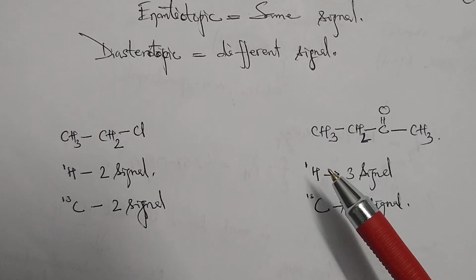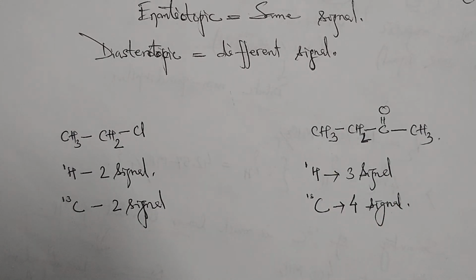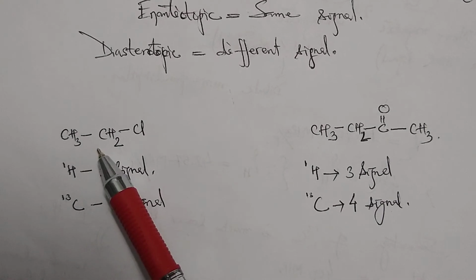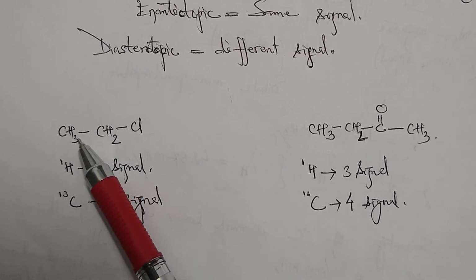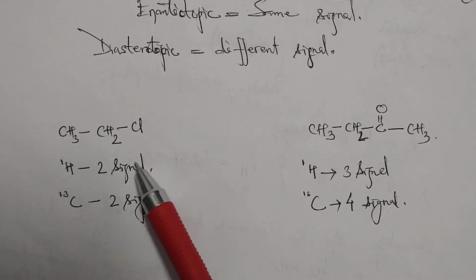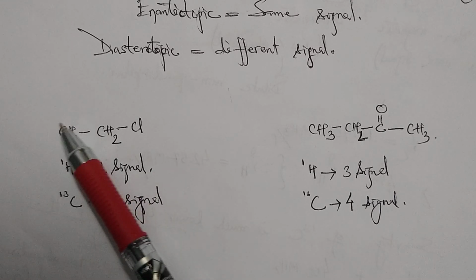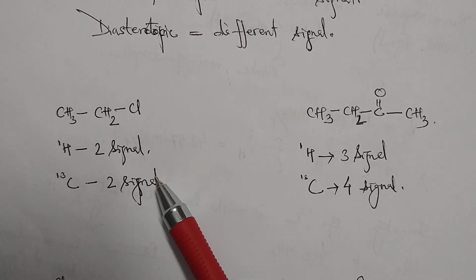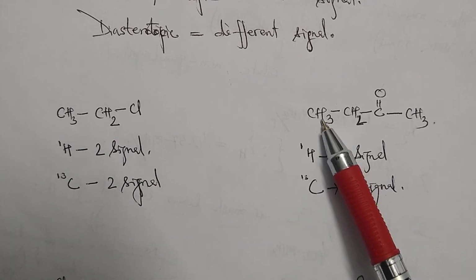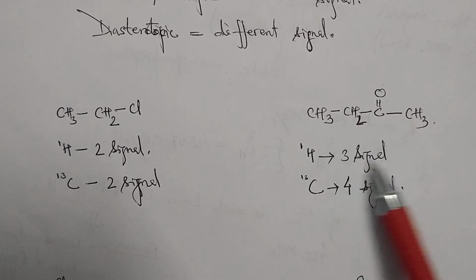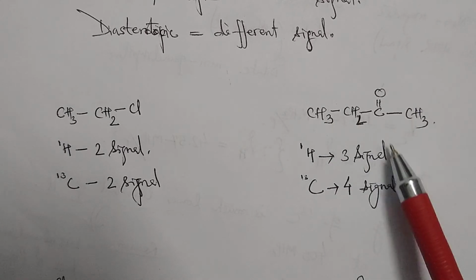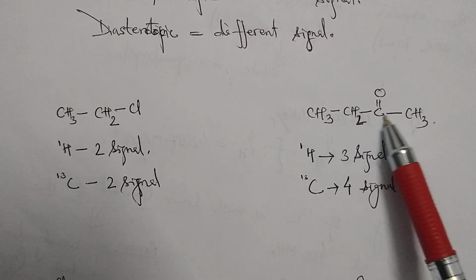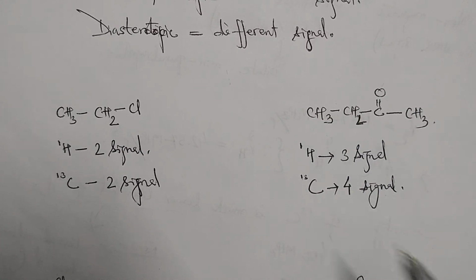To understand this better, we will consider some examples. This example, as we have considered before, will give 2 signals in proton NMR. Likewise in 13C, we have one kind of C and another kind of C, so we will get 2 signals. Here also, in the proton NMR spectrum we will get 1, 2, 3 signals, but 1, 2, 3, 4 signals in the 13C.